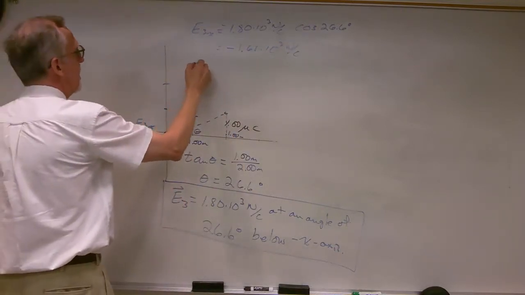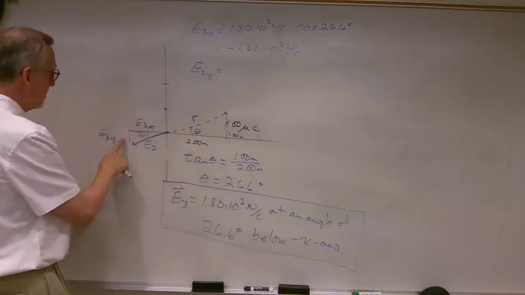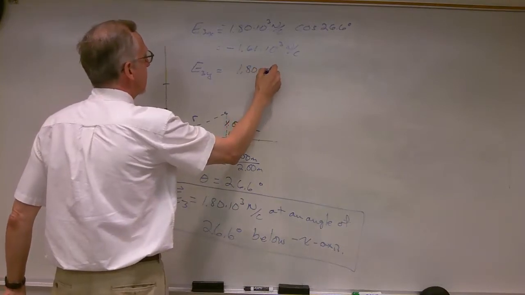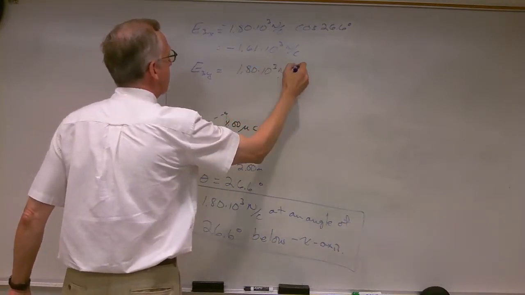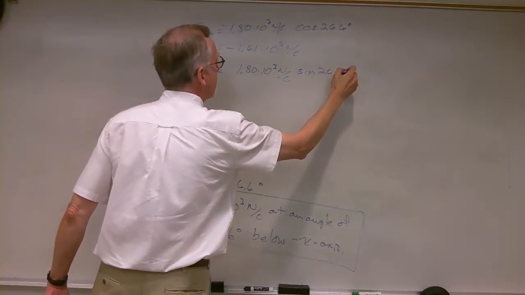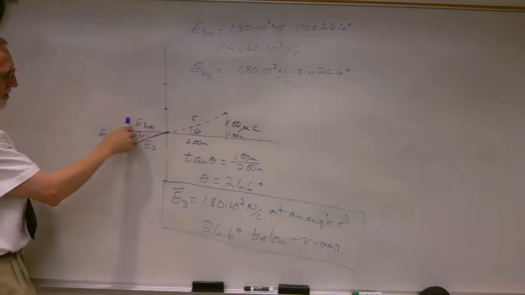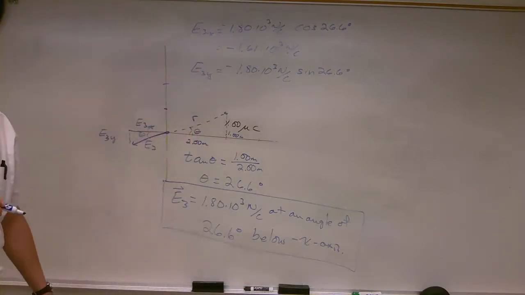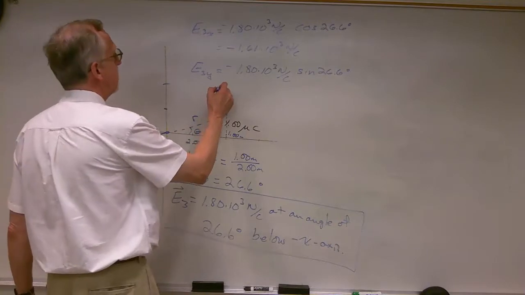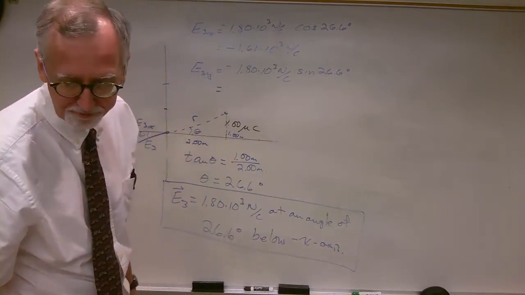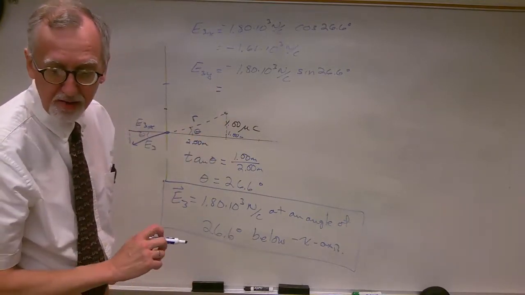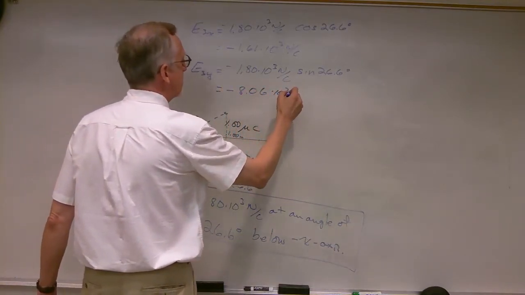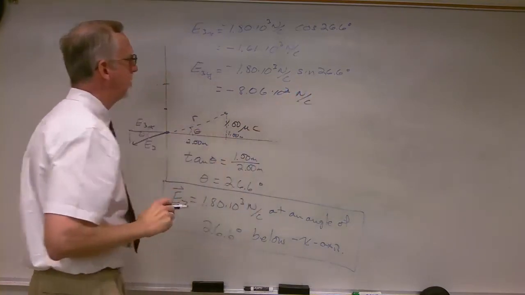What's our y component? E3y is going to be E3 sine theta, or 1.80 times 10 to the third newtons per coulomb sine 26.6 degrees. Likewise, notice this is pointing in the downward direction, so we're going to have a negative y component, so we've got to put another negative sign there. E3y is negative 8.06 times 10 to the 2 newtons per coulomb.